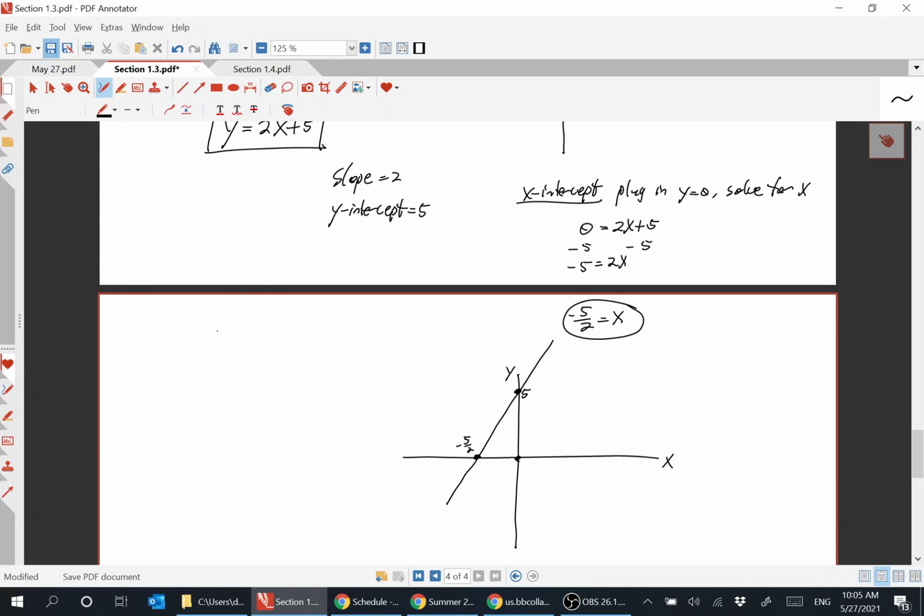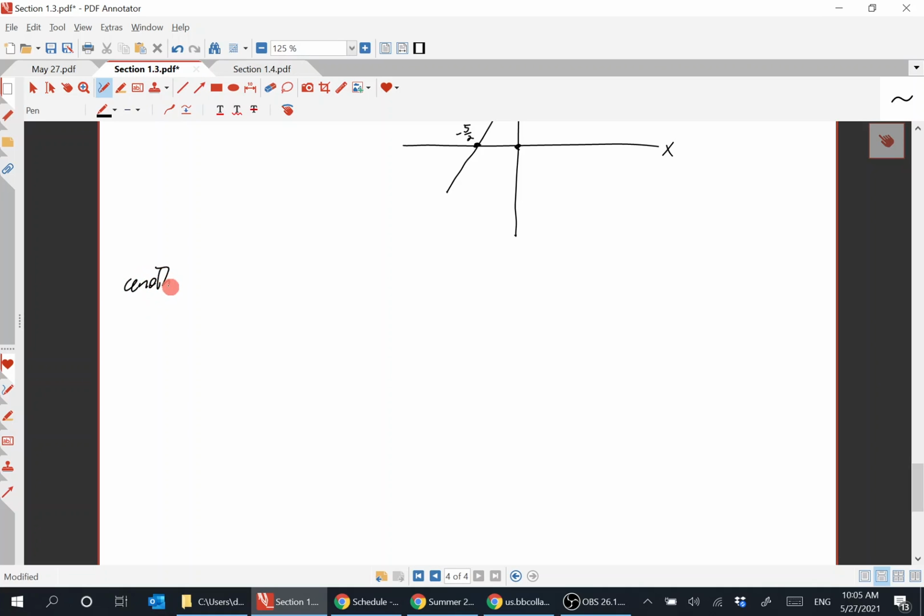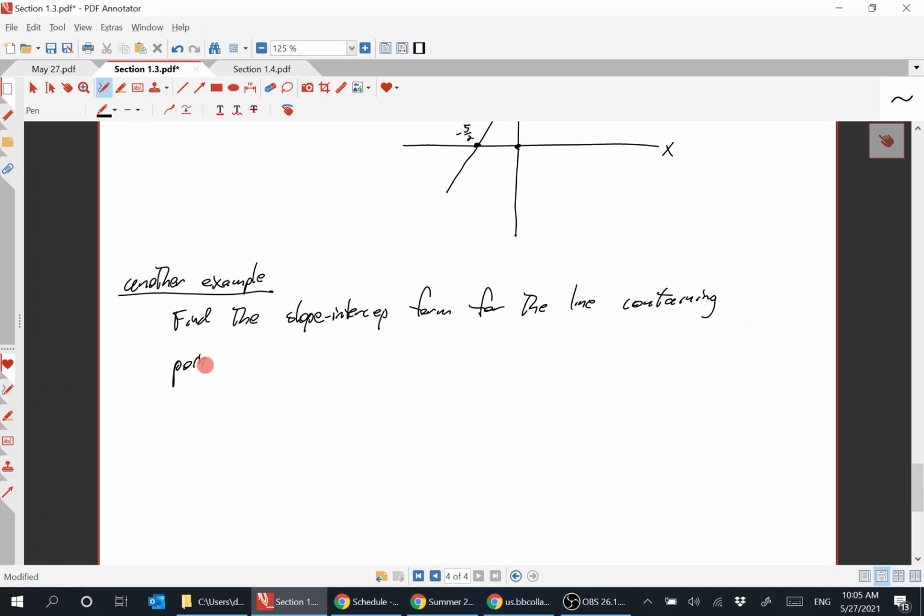Let's take another example of that. Okay, find the slope-intercept form for the line containing the points 1, 1, and 3, negative 3.